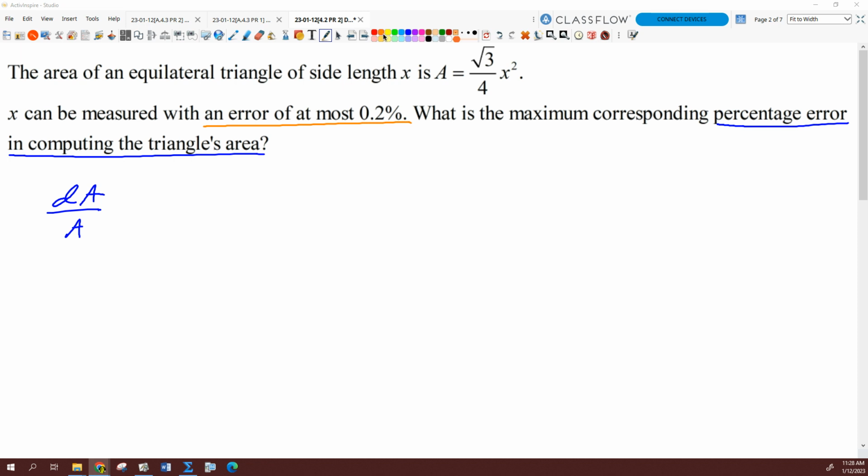What's that orange thing telling us? Is it saying that dx over x is 0.2%? Okay, so dx over x, that's relative error, measurement error in measuring x, right? This is relative measurement error, that's relative propagated error in calculating something from our measurements, okay? How would I write that?